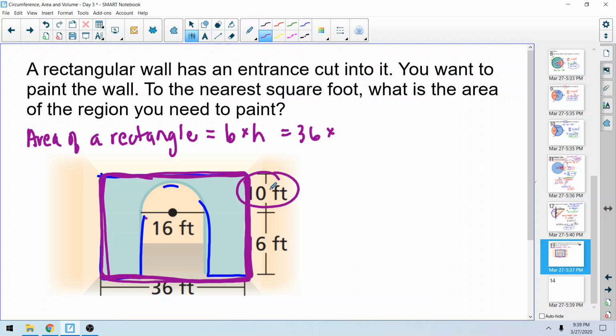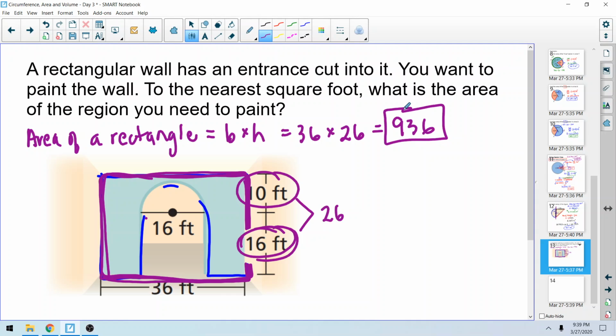Well, we have a 10, and we have, I colored over it, is that a 16? Yeah, we have a 16. So if we take 10 plus 16, that's going to give us 26. So the area of the rectangle, 36 times 26, is 936. So that's the area of the entire wall.